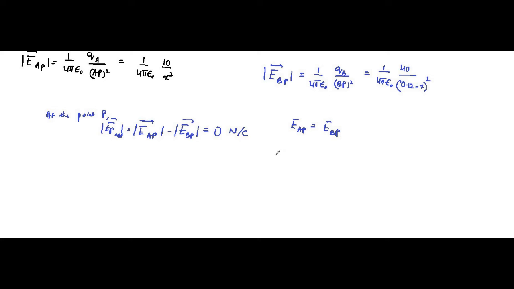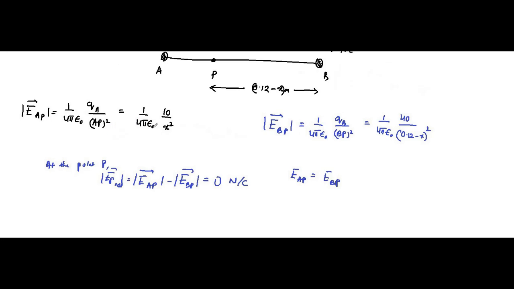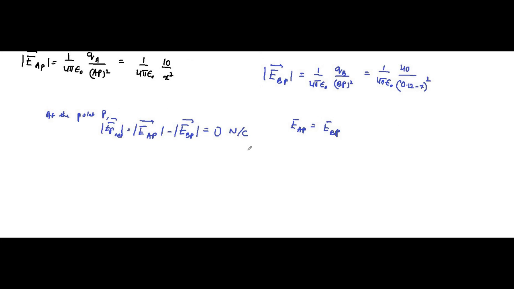That implies the expression of EAP is 1 by 4 pi epsilon 0, 10 by x square, is equal to EBP, 1 by 4 pi epsilon 0, 40 by 0.12 minus x whole square.